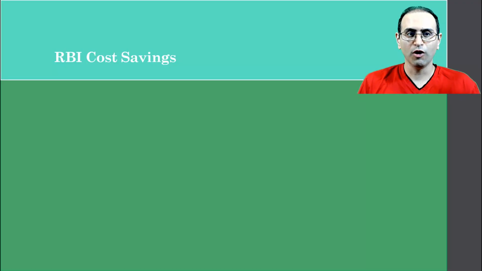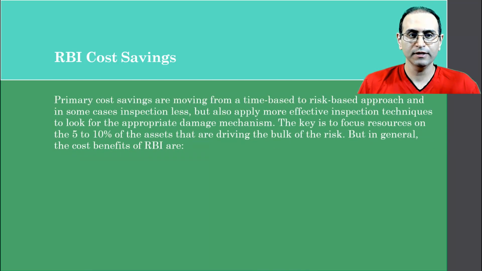Now let's talk about RBI cost savings and see how RBI helps us save money. The primary cost savings come from moving from a time-based to a risk-based approach, and in some cases inspecting less, but also applying more effective inspection techniques to look for appropriate damage mechanisms.